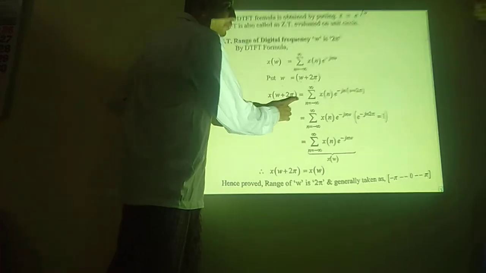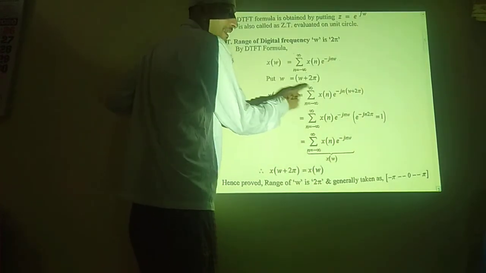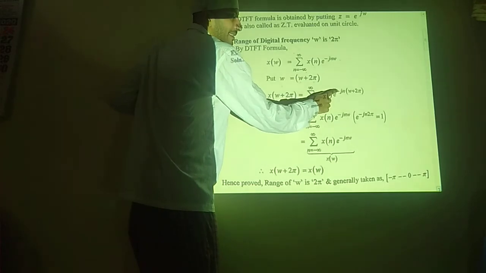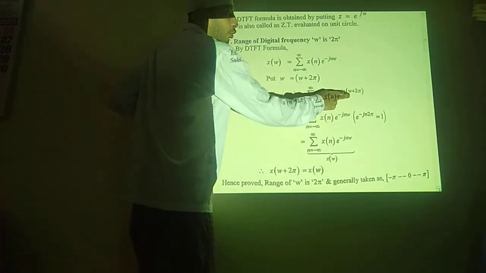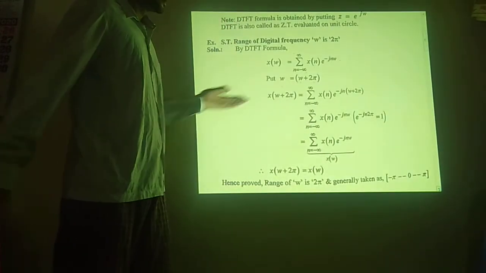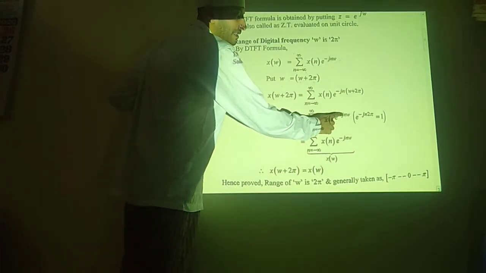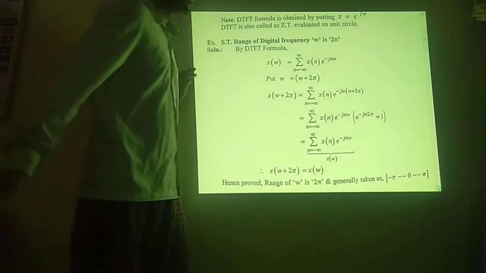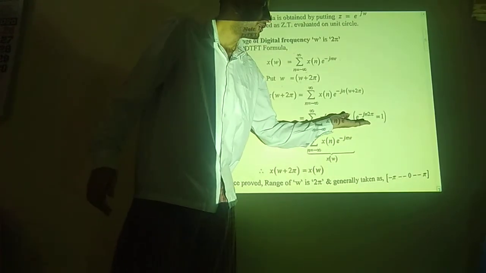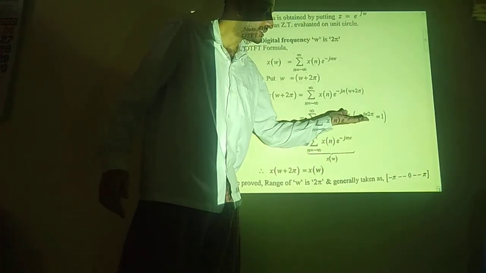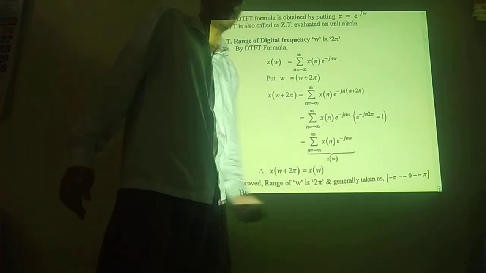That is equal to summation n equal to minus infinity to infinity x of n e raised to minus j n, and instead of omega, I will write omega plus 2 pi. Next step, summation n equal to minus infinity to infinity x of n e raised to minus j omega n, but e raised to minus j n 2 pi is equal to 1. So e raised to minus j 2 pi n is equal to 1.